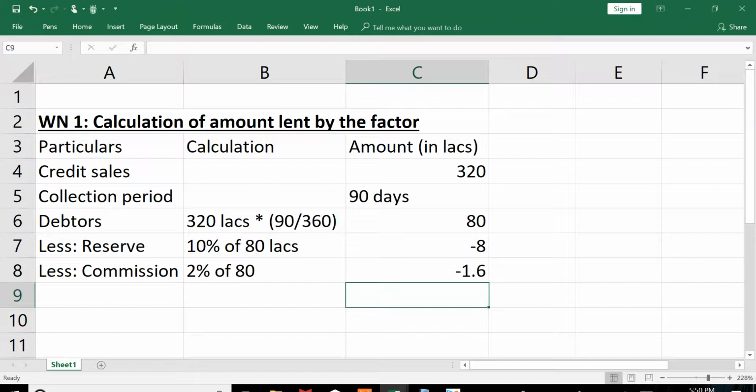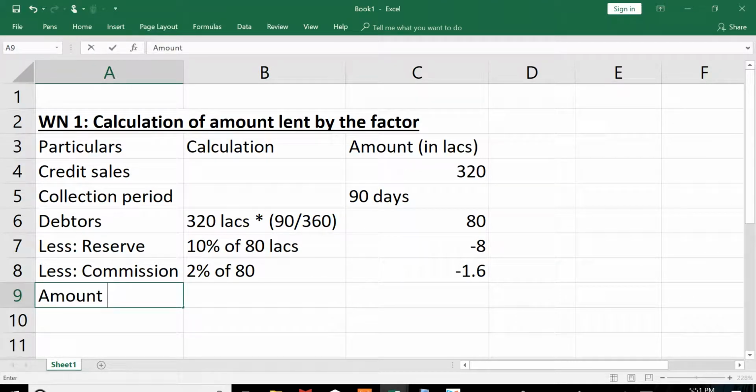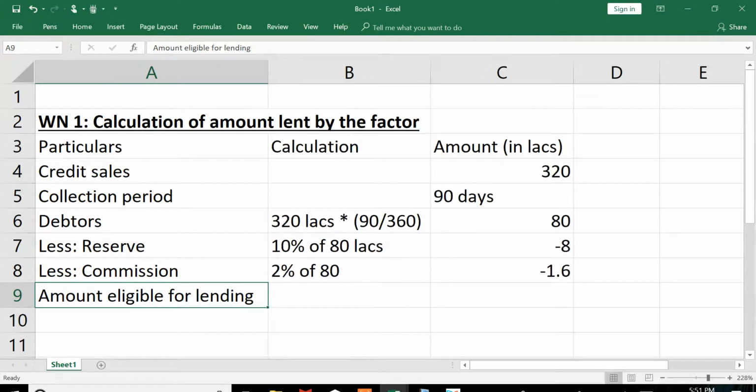He deducts 8 lakhs for reserve, 2% for commission, another 1.6 lakhs is gone. So 80 lakhs is my requirement, but 2 items are deducted and you get something called amount eligible for lending.